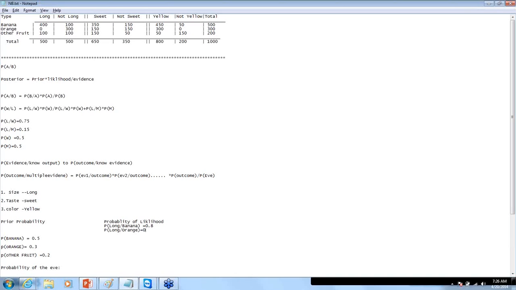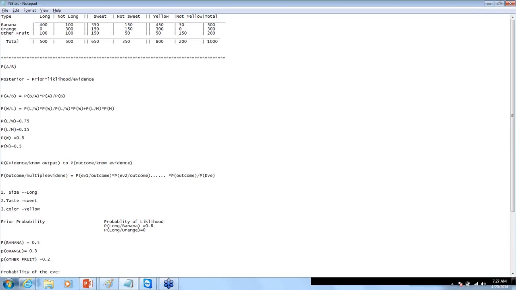And then we have one more likelihood also: probability of a fruit being yellow, given that the fruit is an other fruit. So we know that the fruit is another fruit, and if it is yellow, what would be the probability of that? I can find out here. Total other fruits are 200, and yellow is 50, so 50 divided by 200.